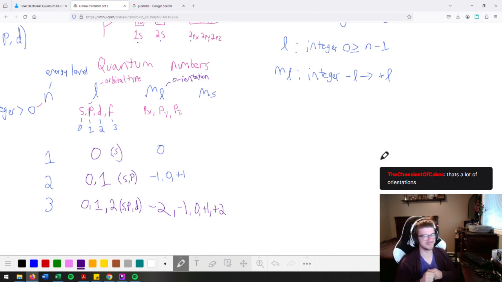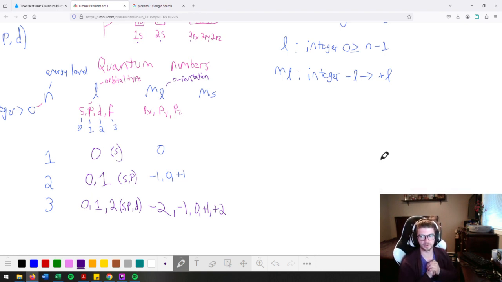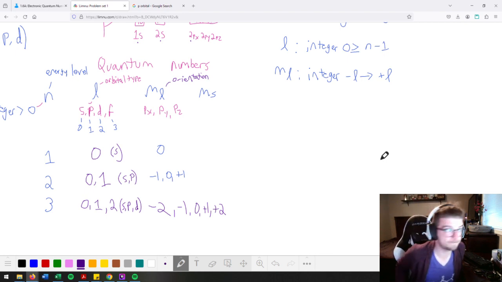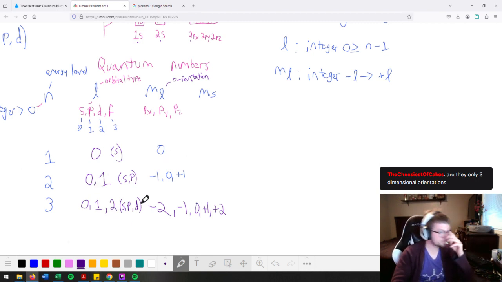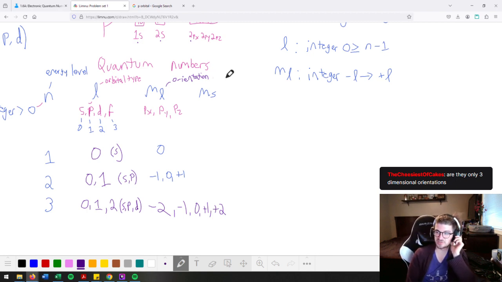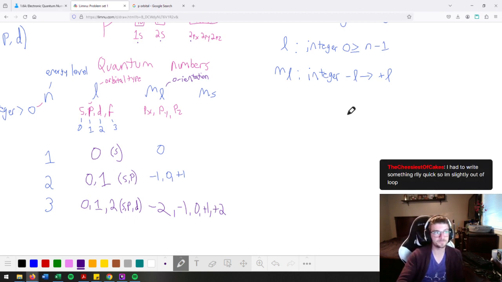Things get a little bit funky when we get to d orbitals. But it works. What can you say? It works. We can directly observe it. Okay. So the last thing here. Are they only 3-dimensional? They still exist in 3-dimensional space, so you can depict them on normal Cartesian coordinates.